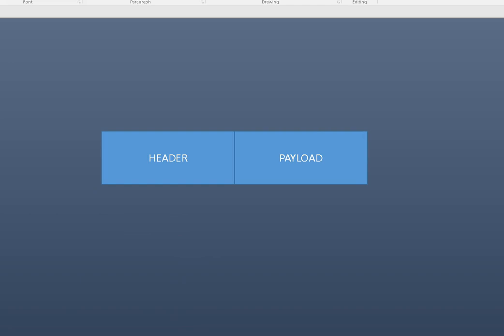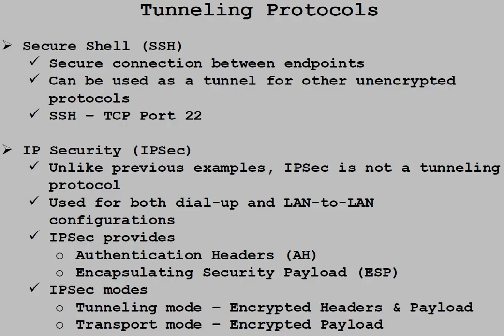Go back to the slides real quick. What you're going to notice is we have this thing called an authentication header, and then an encapsulation security payload. Both of those blocks that were just drawn are those two.